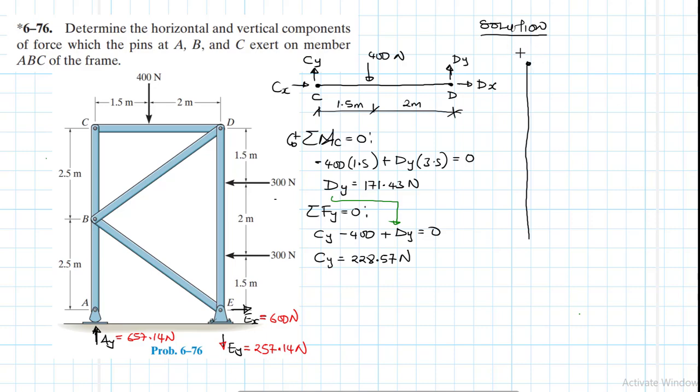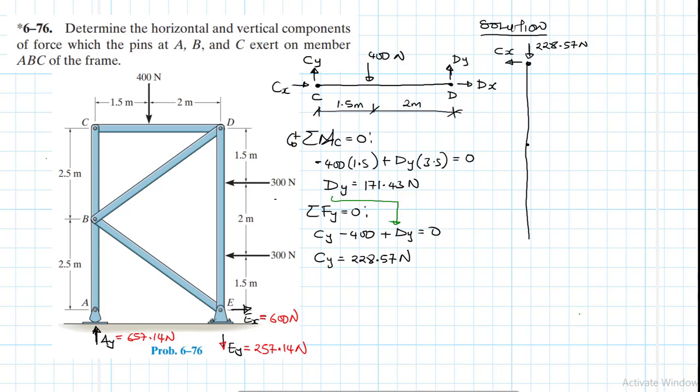Here I have found my Cy. If we had assumed Cy like this, the other one is going to come like this. So Cy, we say it is 228.57 newtons, and then Cx is going to be like that.